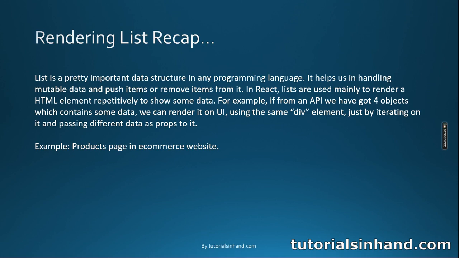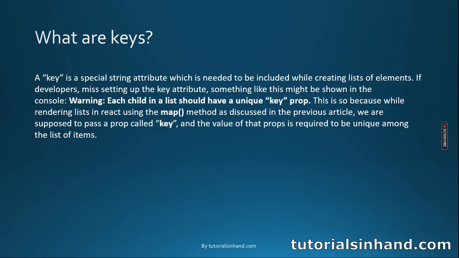Now let's learn what are keys and why are they important. A key is a special string attribute which is needed to be included while creating list of elements. If developers miss setting up the key attribute, something like this might show up in the console. Warning: each child in a list should have a unique key prop.